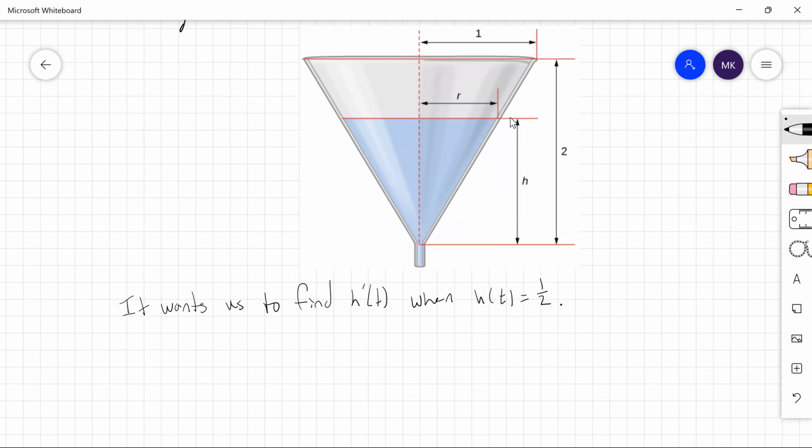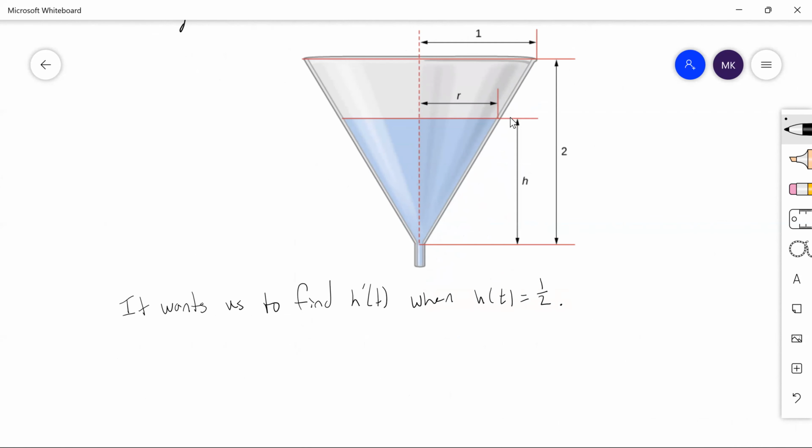So looking at this, one of the things we need to recognize is that we have similar triangles between the overall cone and this piece created by the water.